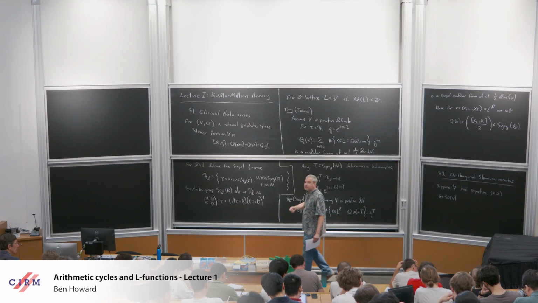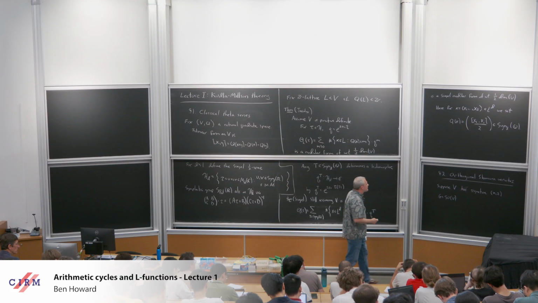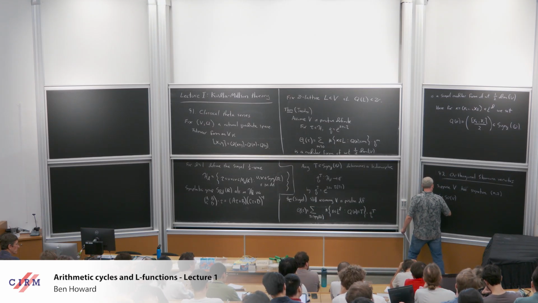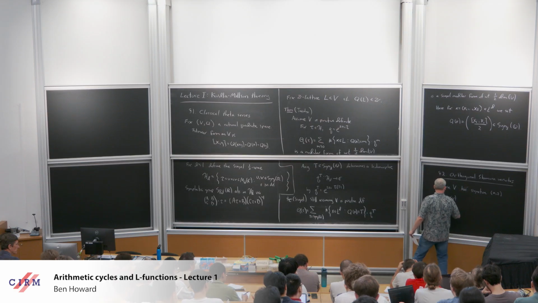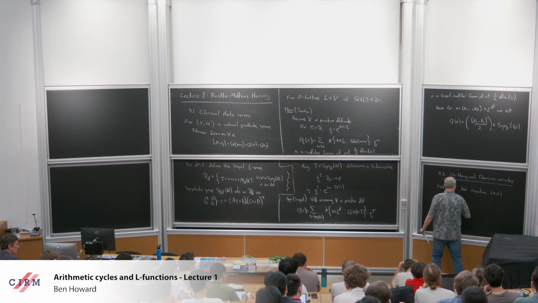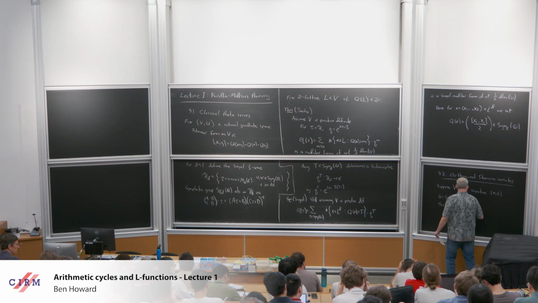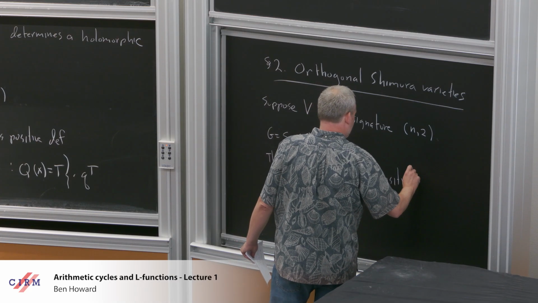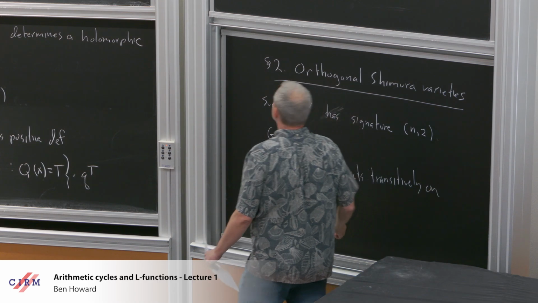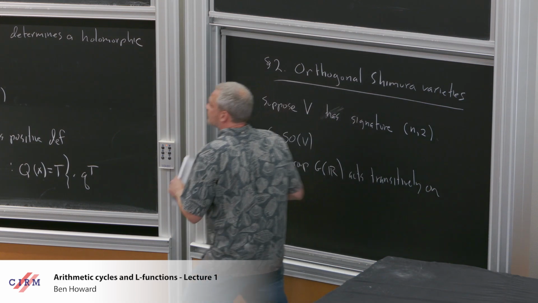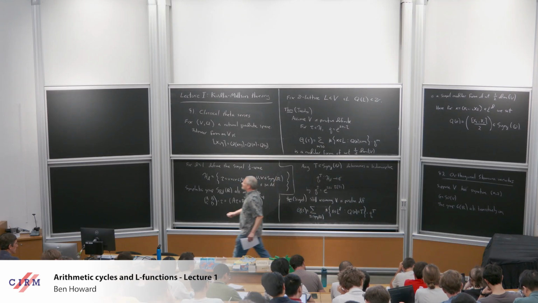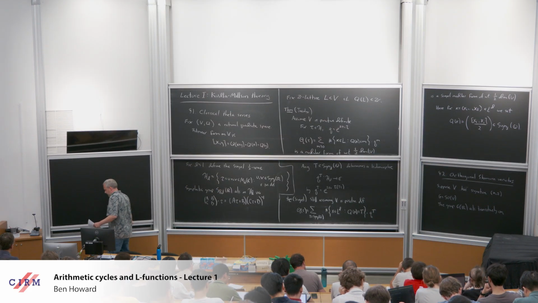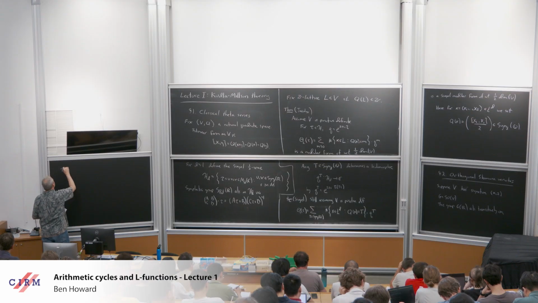So I'm thinking of it as a reductive group over Q. And the real points, G(R), act transitively on the following complex manifold, D.